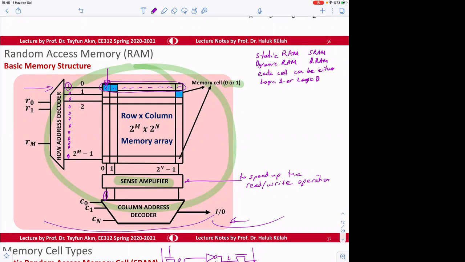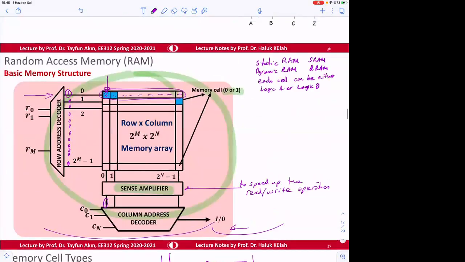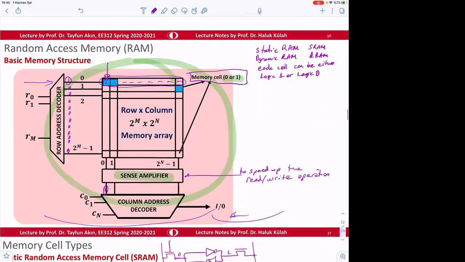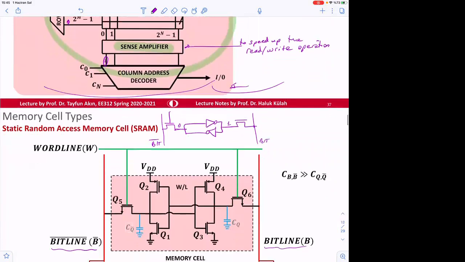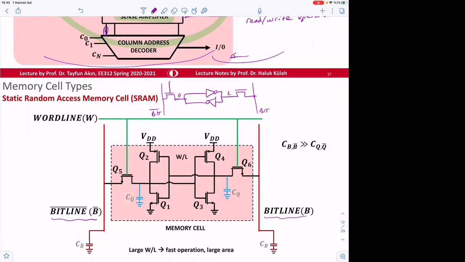That's how it goes. So each memory cell is important, which stores the data 1 and 0. The way that the memory is formed is to use back-to-back inverters.